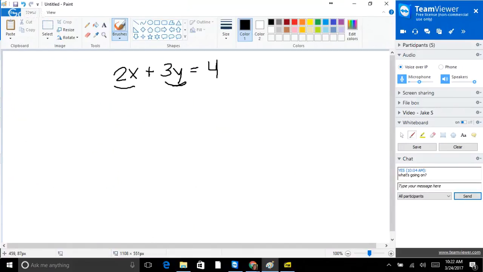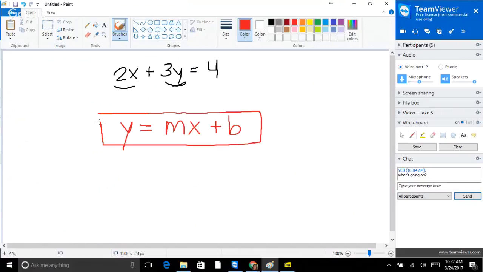So what I mean by that is, in order to use this cool little trick of the slope-intercept form, your equation has to be written as y equals mx plus b. If your equation is written in this format, so it's kind of like a format thing, then you can easily look and see, oh, whatever is before the x is my slope, and whatever the b is my y-intercept.